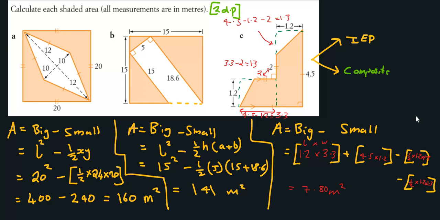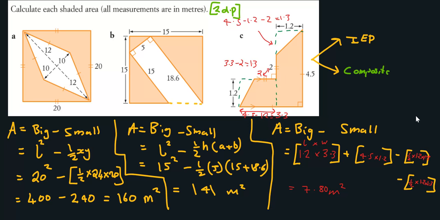It's really important to check your work, and that's what Mr. Winston is doing at the moment. 0.5 times 1.2 times 1.3, subtract 0.5 times 1.2 times 1.3. 7.80.